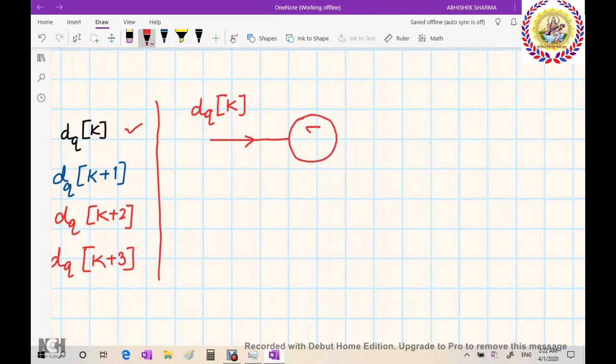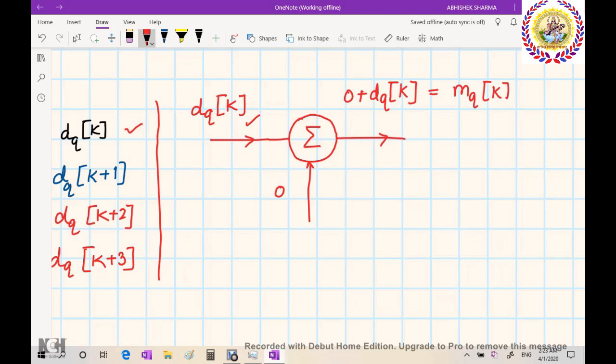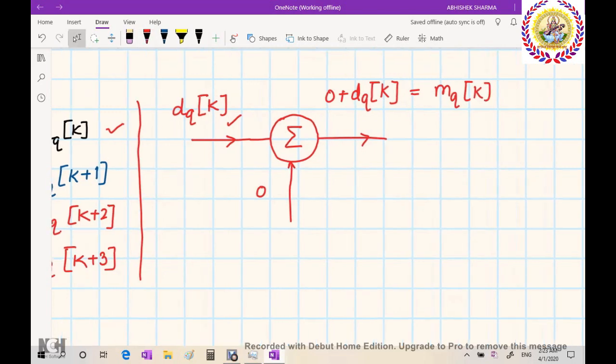Now at this point, we have to add the previous value with this dq(k). Let us suppose the previous value is 0, then the output will be 0 plus dq(k), which will be mq(k), as the first sample is nothing but m(k). Now this is available at the output.